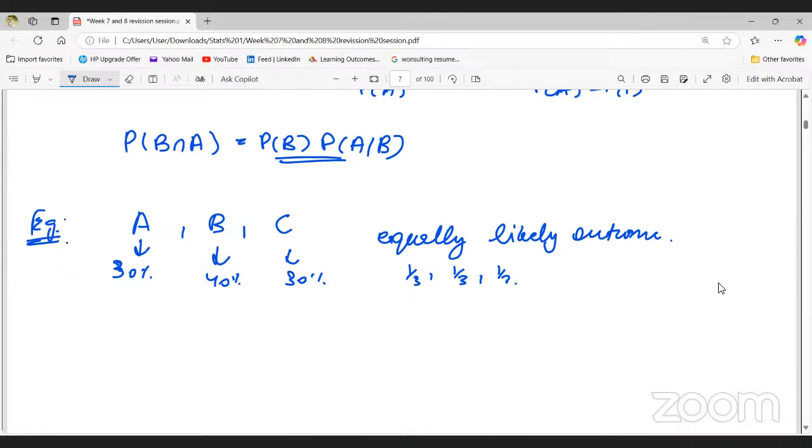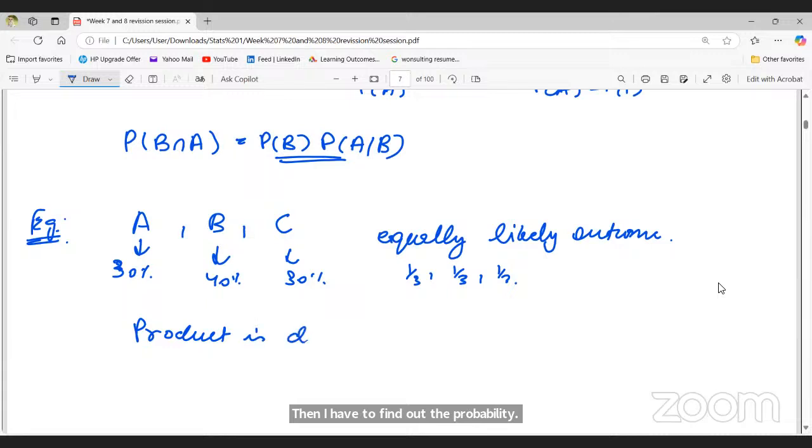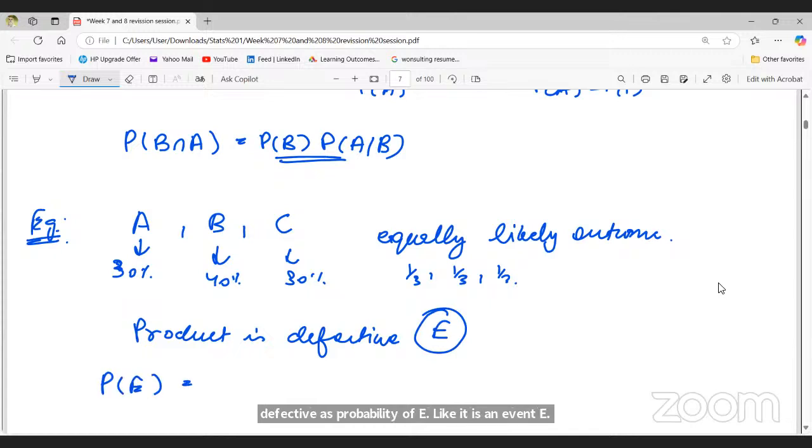Then I have to find out the probability that the product chosen is defective. That means I'm considering the product being defective as an event E. So I have to calculate probability of E, correct? So what will be my formula?